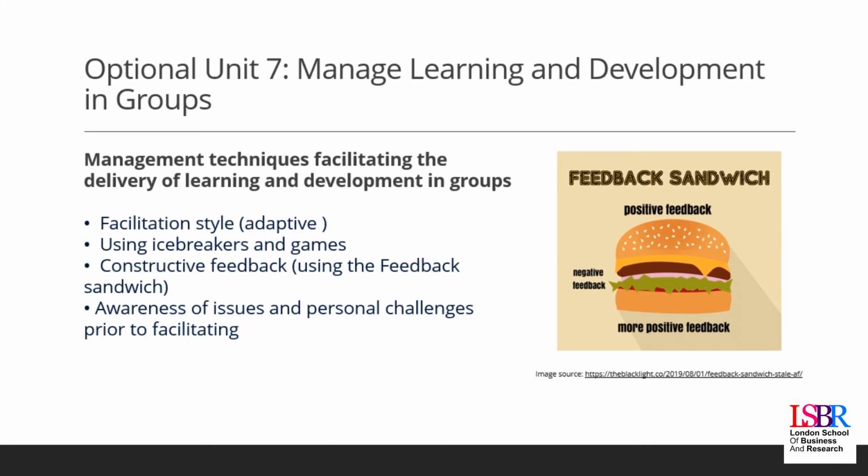To give you an example of a few, you could be amending your facilitation style by having an adaptive facilitation style. So during the sessions that are part of Unit 7, we're going to explore what adaptive facilitation style is. You could be using icebreakers and games to create a positive learning environment.